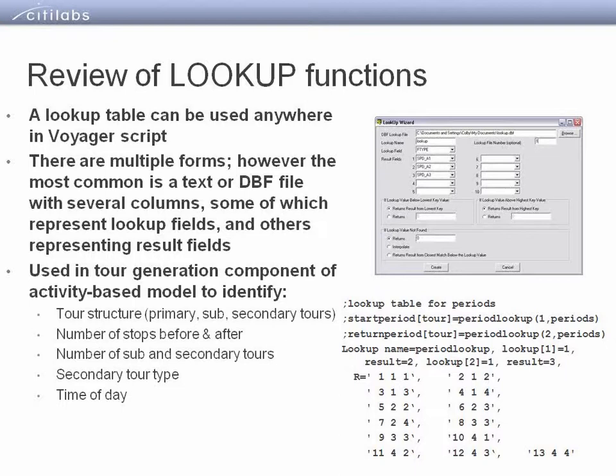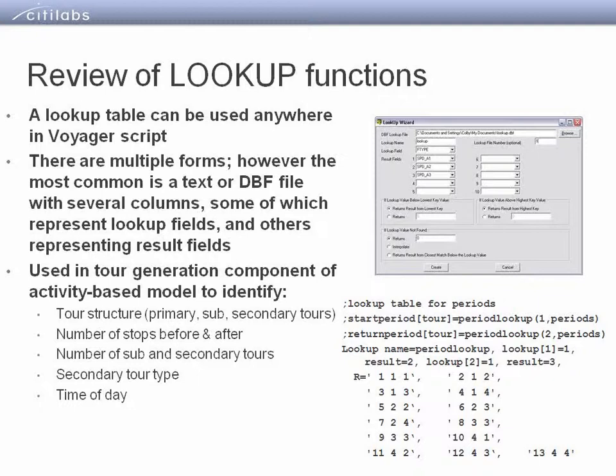And Mark, aren't these really where the parameters of the model are input? If you wanted to customize this model, these would be the lookup tables that you would modify to customize the model for your area. Is that fair to say? Well, these particular ones are the structure of the model, what the alternatives are, and which alternatives correspond to or constrain other alternatives.